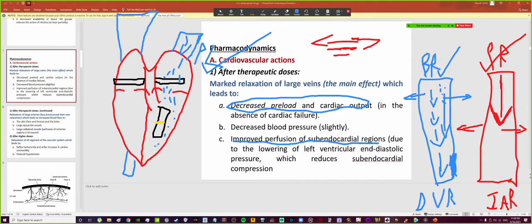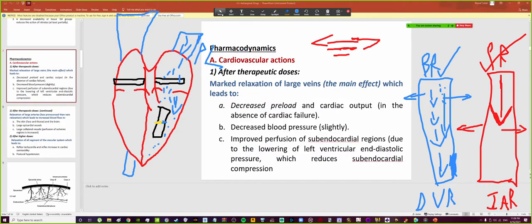At the same time, your heart is going to contract more. And you guys remember from physiology the coronary arteries, how they get compressed during ventricular systole? Well, if you decrease the amount of end-diastolic volume, you're going to contract less. That means less compression of the subendocardial region, for example, or the coronary arteries. So you actually improve the blood flow. You improve the perfusion as well.